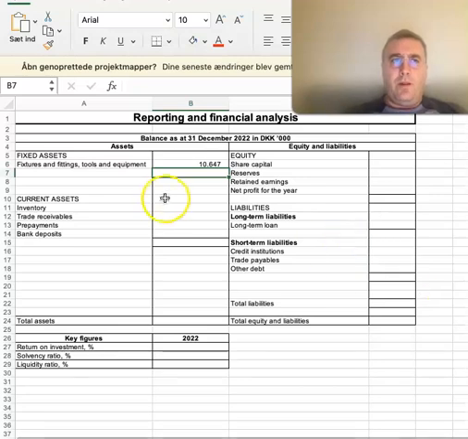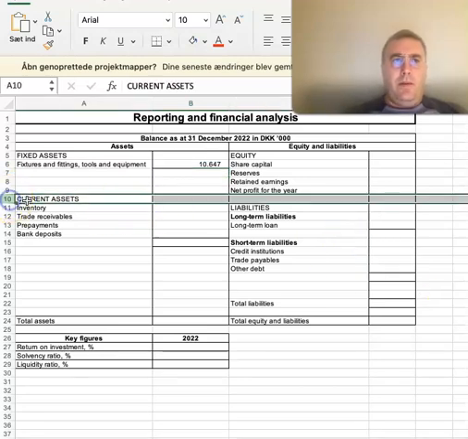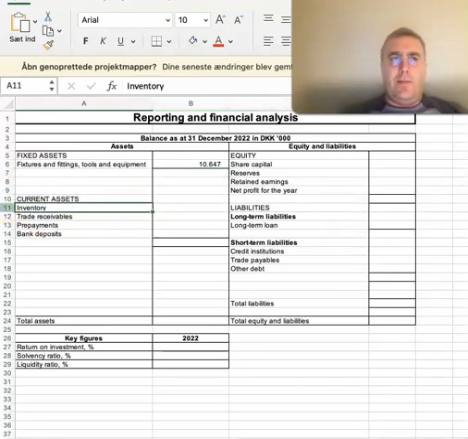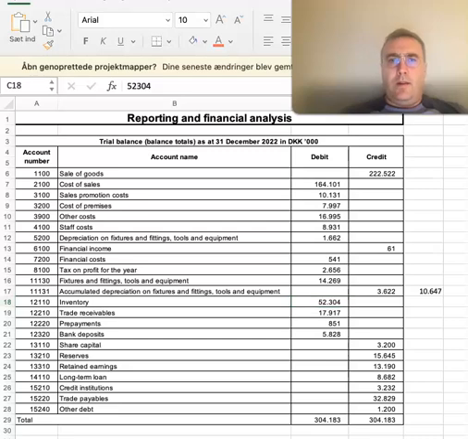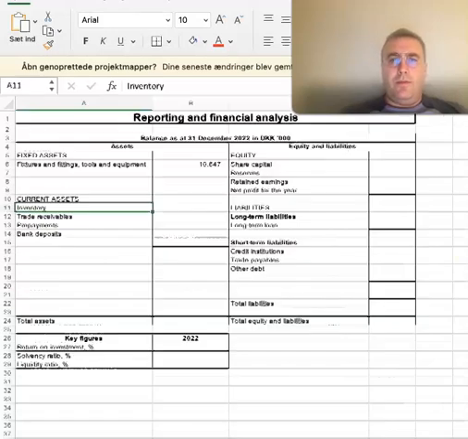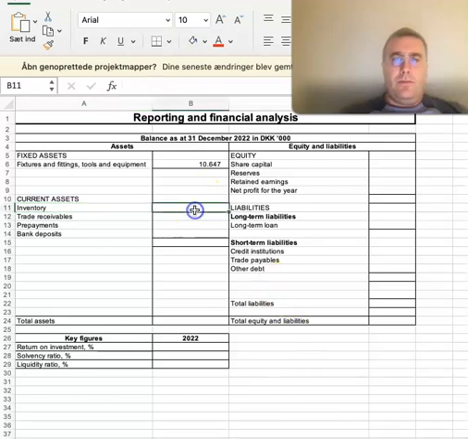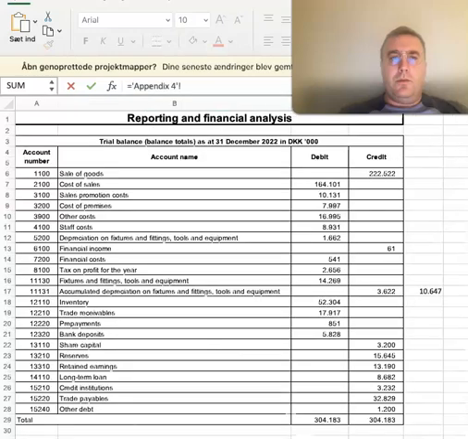Okay. Then we have current assets. We have inventory, for example. And inventory is pretty straightforward. It is equal to this.